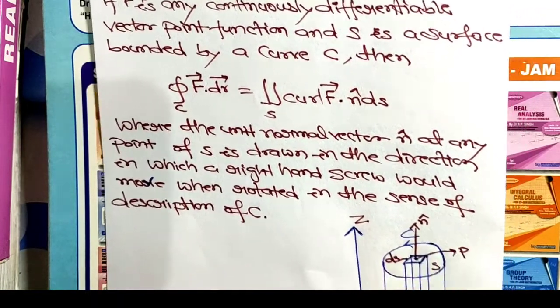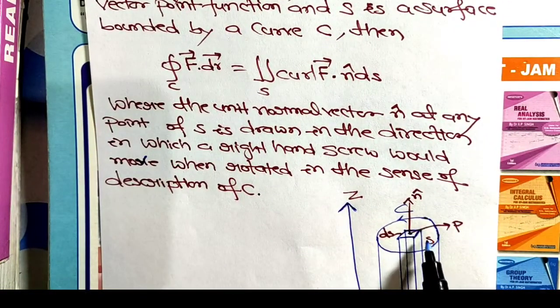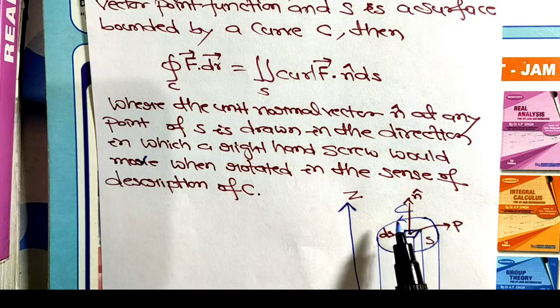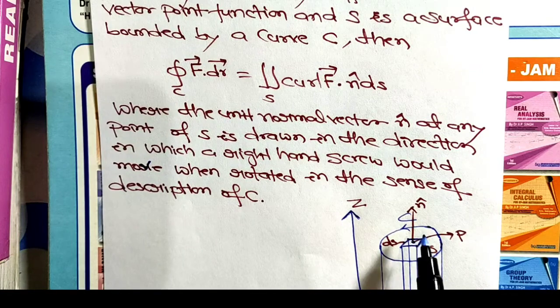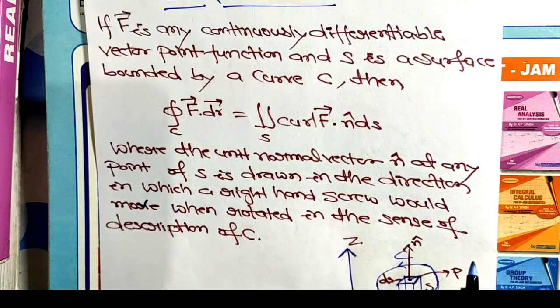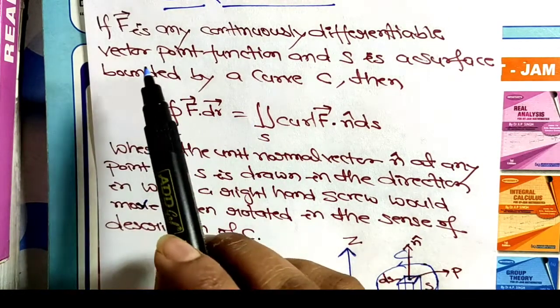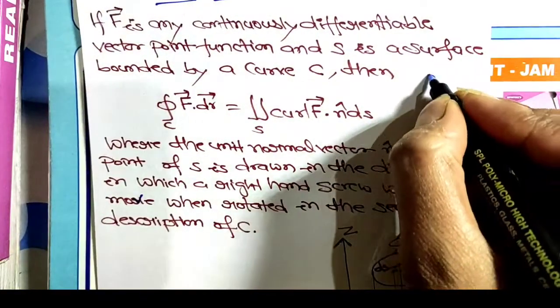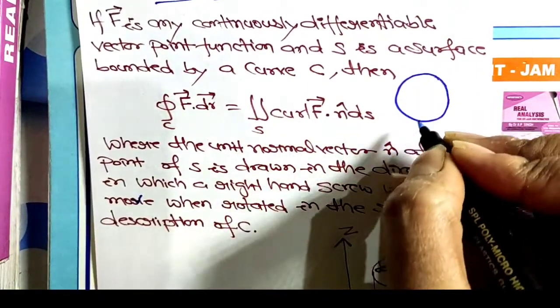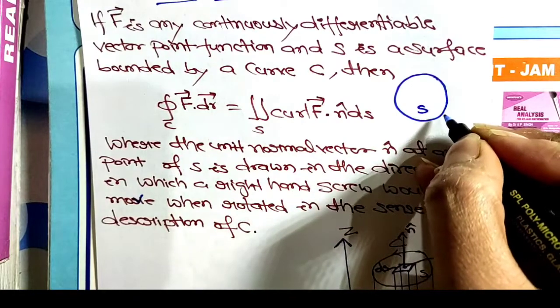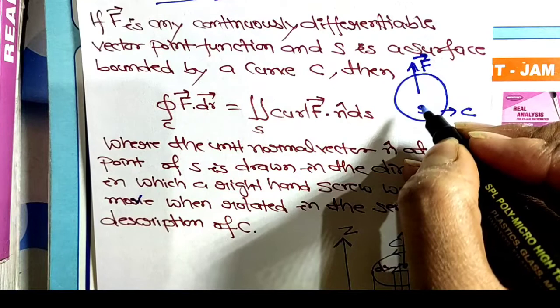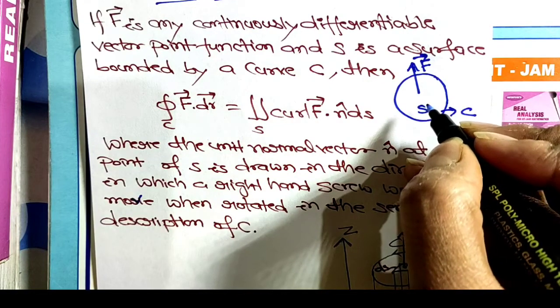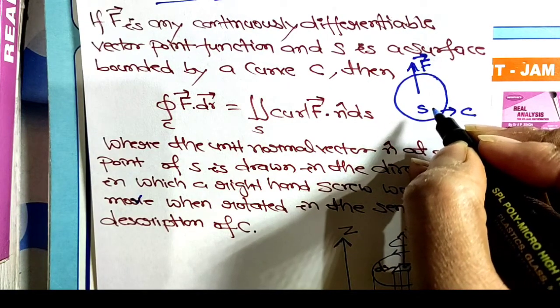Let's understand the statement first. We are assuming there is a surface S, and we are considering any vector point function f. Let's draw it here. We are considering a surface S bounded by the curve C, and a vector f which is a continuously differentiable vector point function.